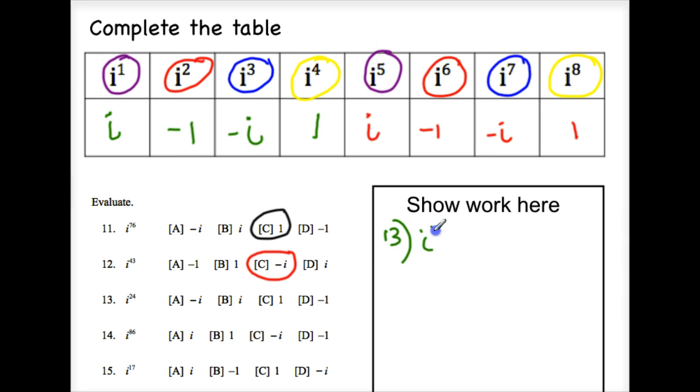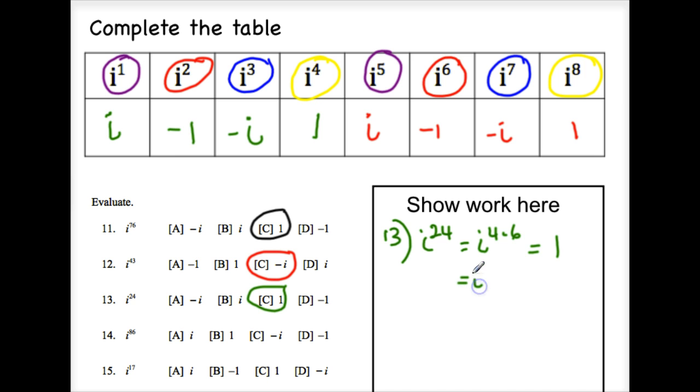13 says i to the 24. We know 24 is a multiple of 4 because this can be i to the 4 times 6, and any multiple of 4 is going to be 1.